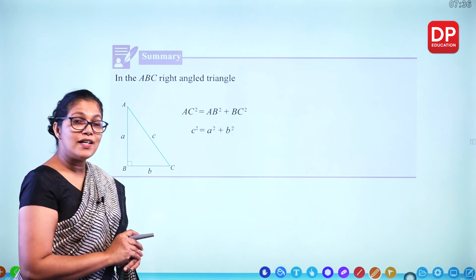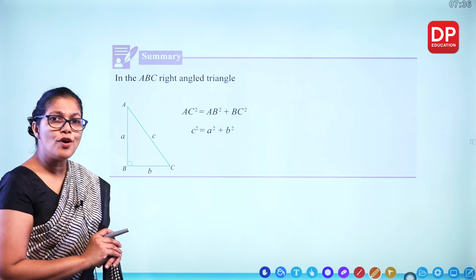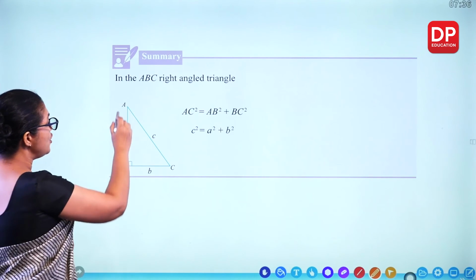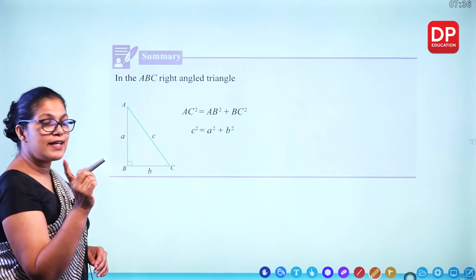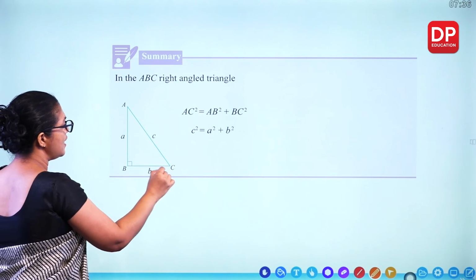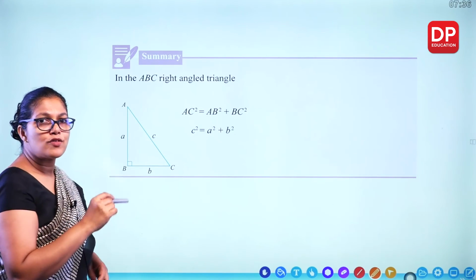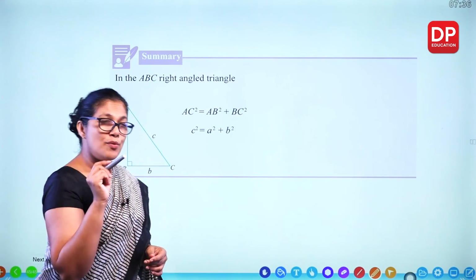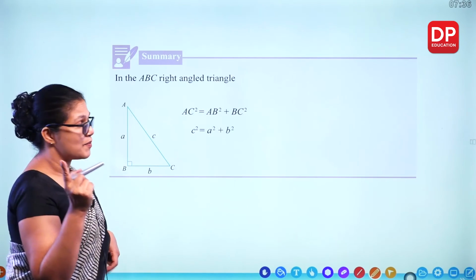So we covered theory related to Pythagoras theorem. In Pythagoras theorem, when you get a right angle triangle, the hypotenuse squared is equal to the sum of squares of the other two sides. In this lesson, you need to know square terms.